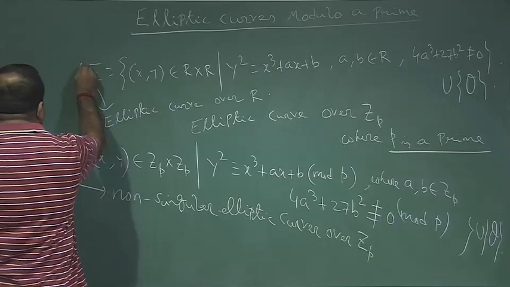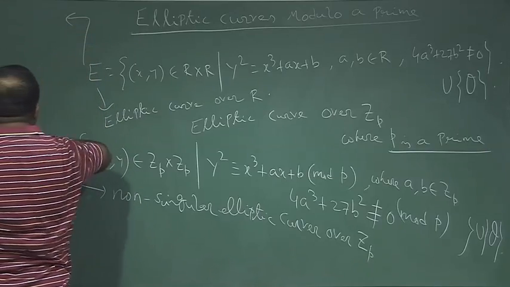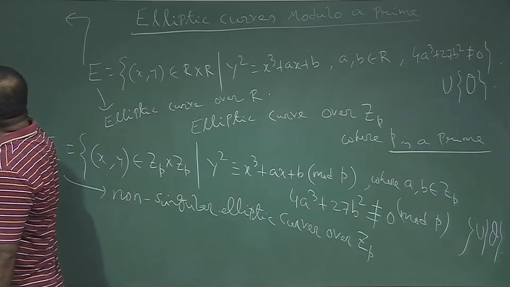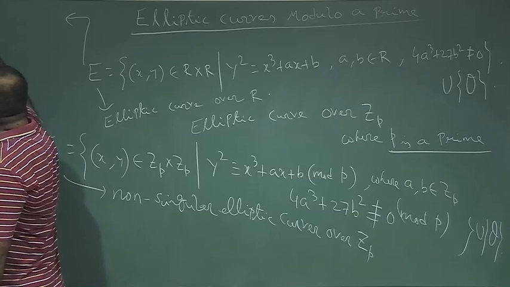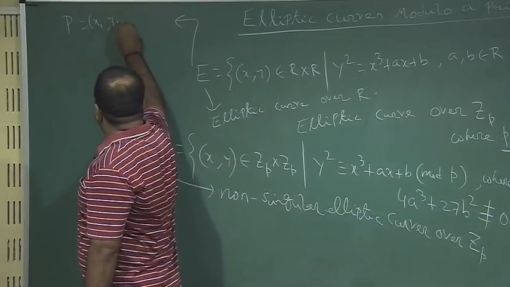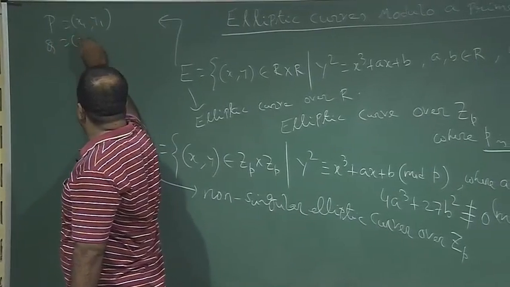If we are considering this elliptic curve over R, then if we take two points P, Q, P equal to (x1, y1) and Q equal to (x2, y2).